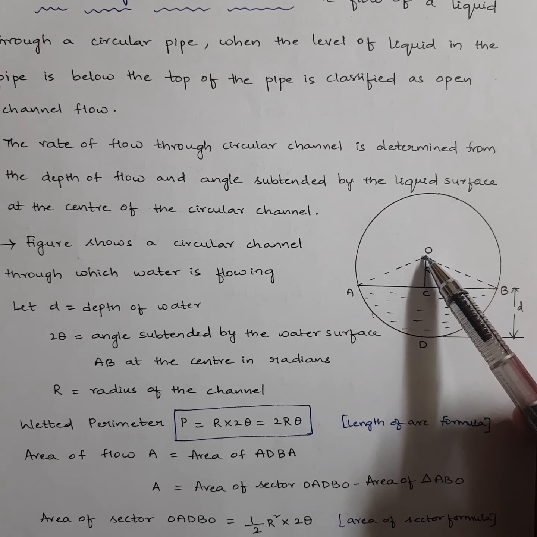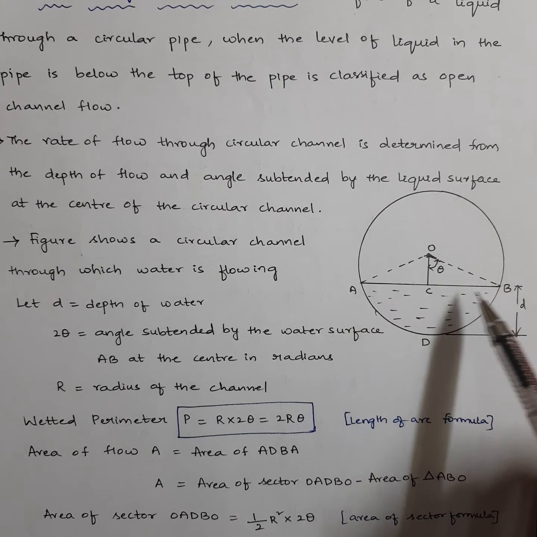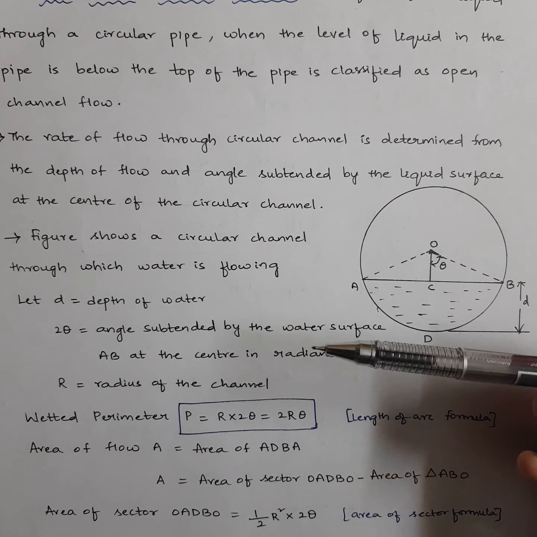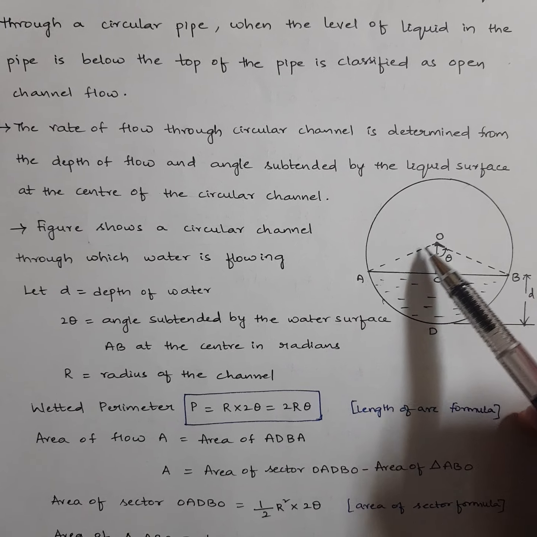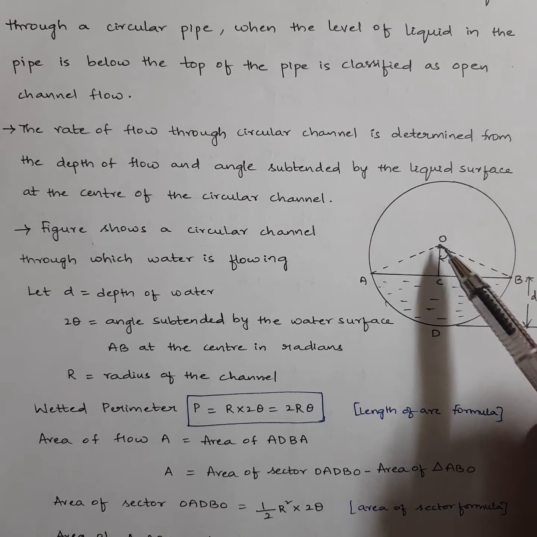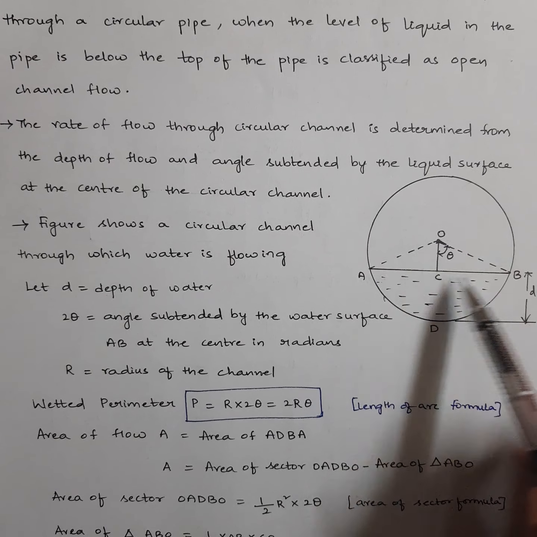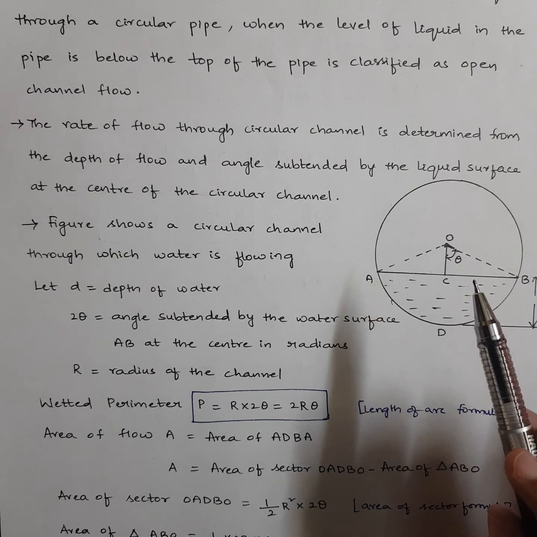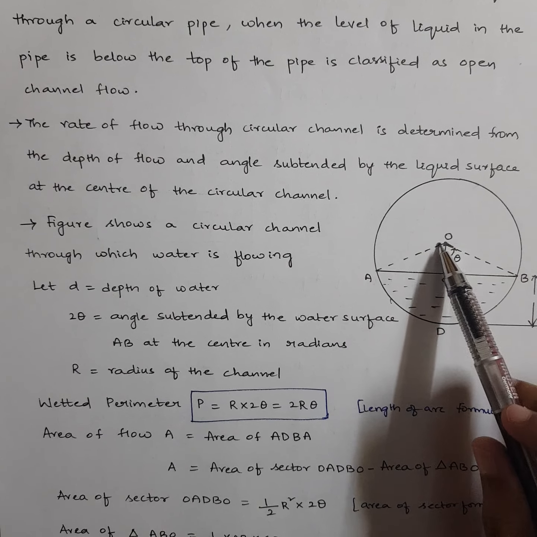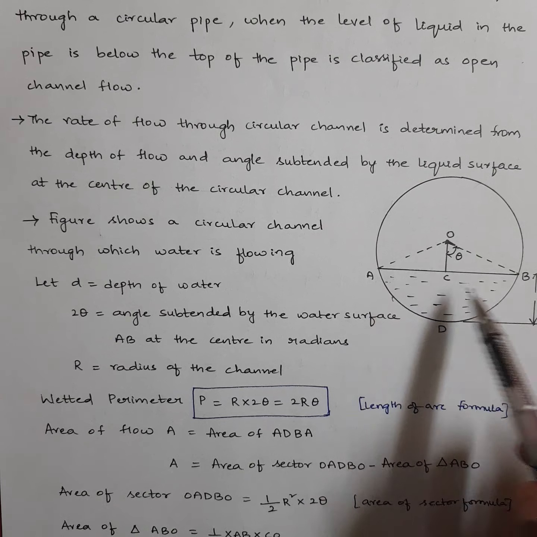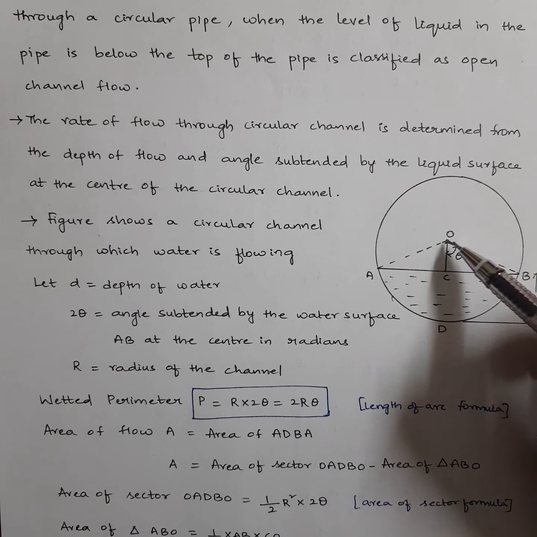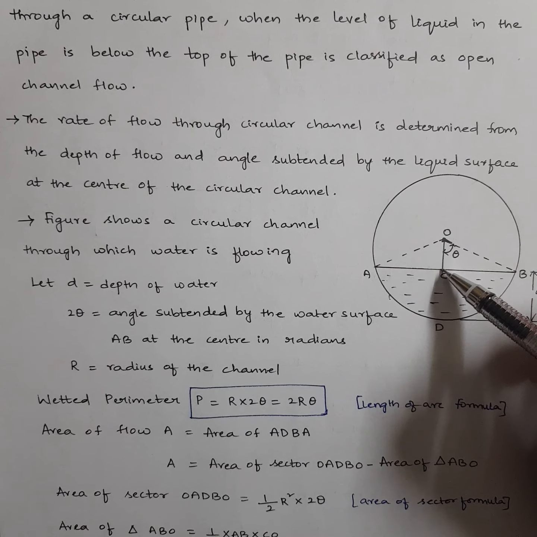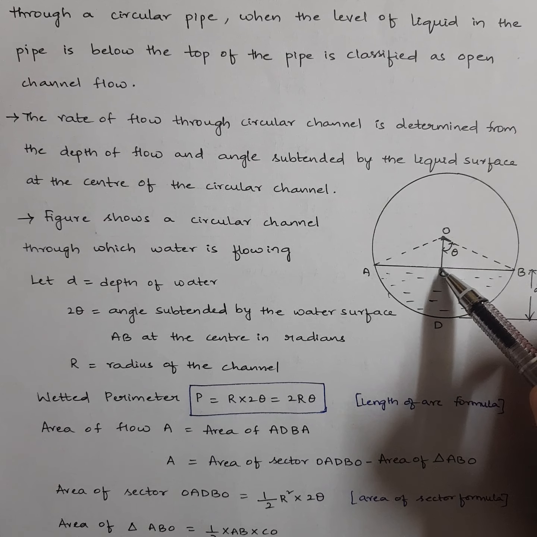If you put a center point O and join it to A and B, the total angle subtended at the center by this water surface will be 2 theta. I'll drop a perpendicular from O such that it meets AB at C.